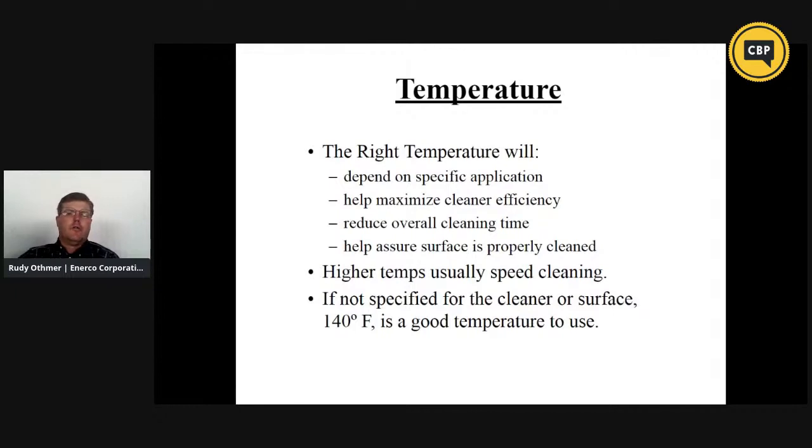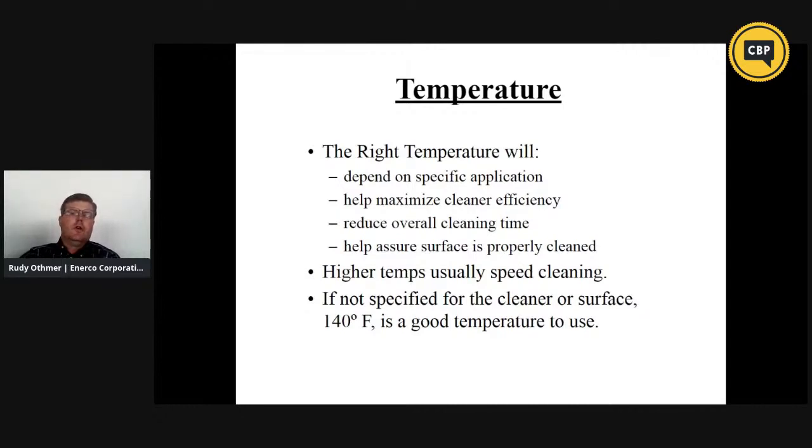But for instance, maybe surfaces that we have in our overall cleaning system, hoses, gaskets, etc., won't allow us to get to the highest temperature.